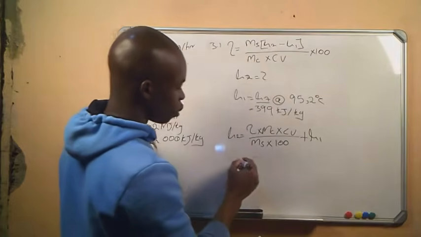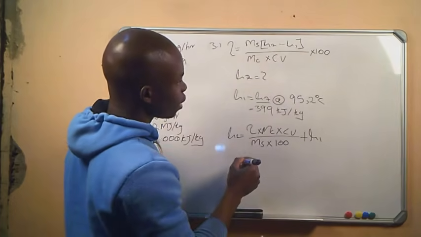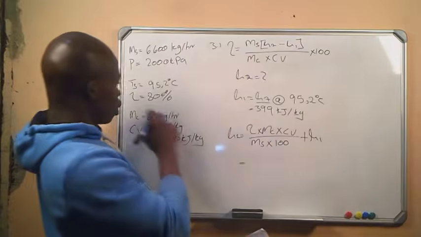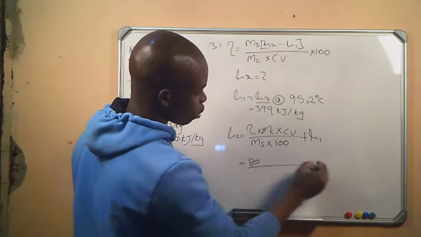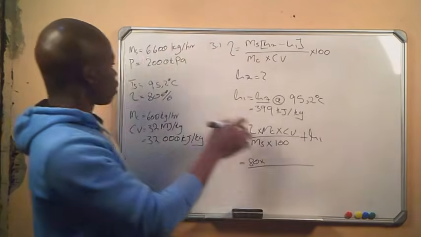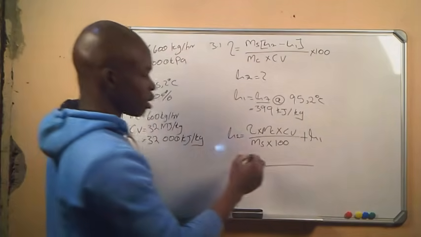This is our H1, and then we substitute: the efficiency we are given is 80%, and then the mass of coal, 600.